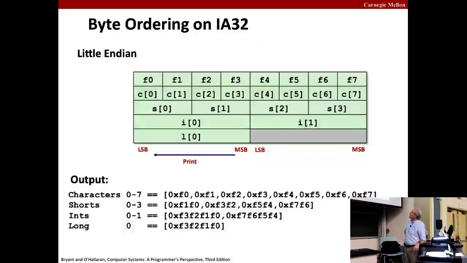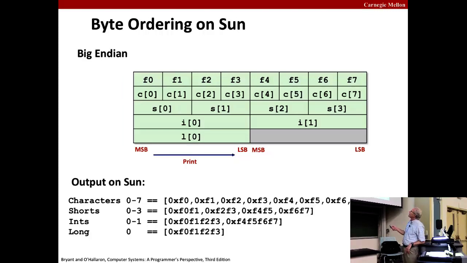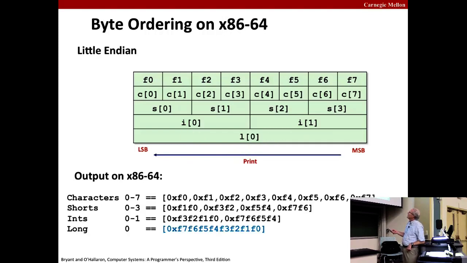And you'll find that depending on what machine you run it on, you'll get different results because of the byte ordering of the different machines. So this goes through what happens when you run on different machines.